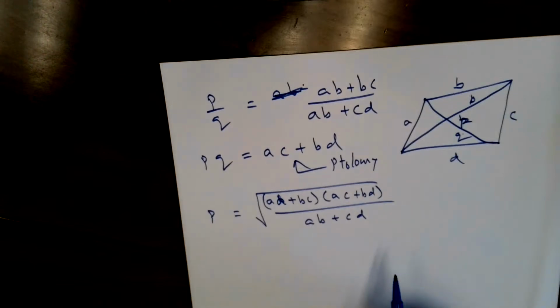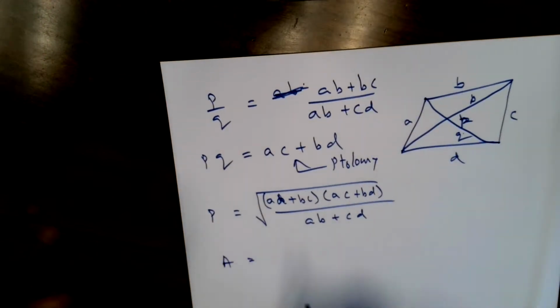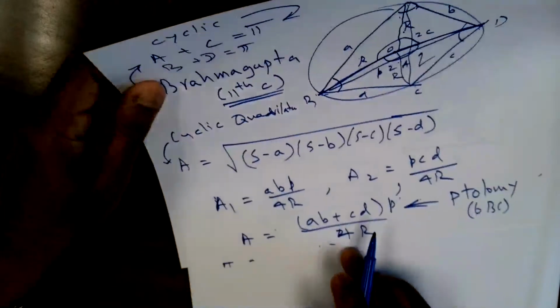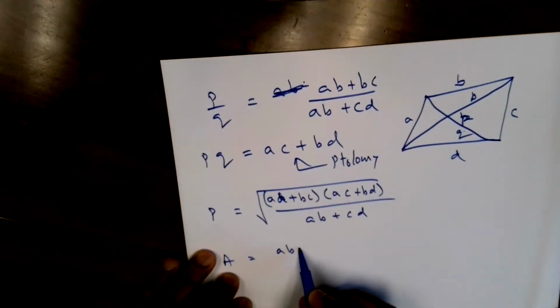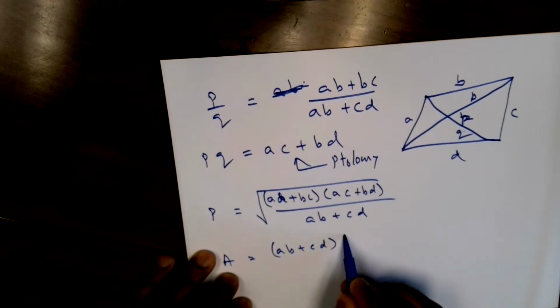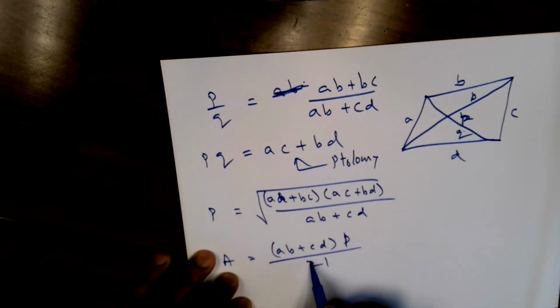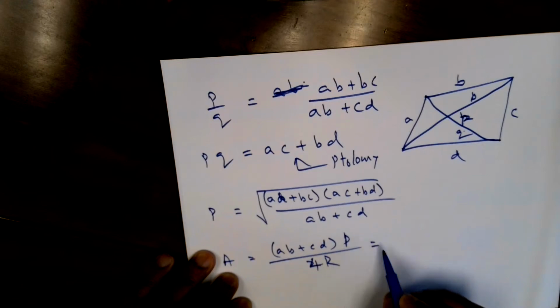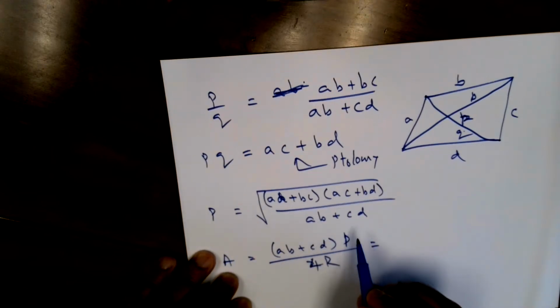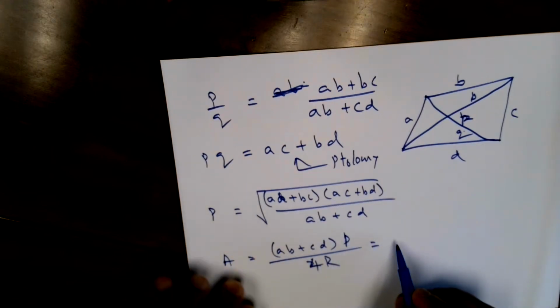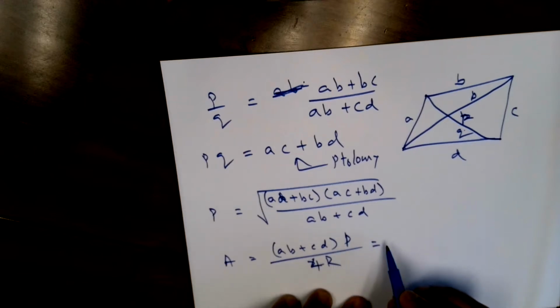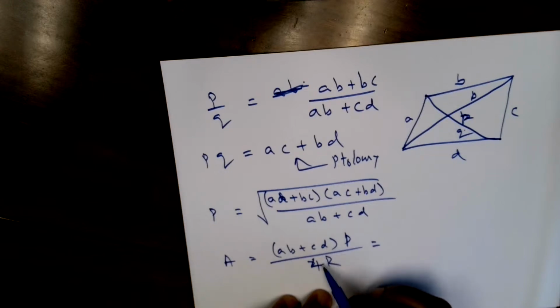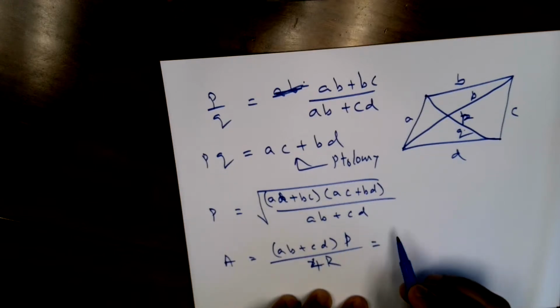So we get area, which is AB plus CD multiplied by P over 4R. And the P is here. So notice that AB plus CD, one factor cancels off because it's in the square root.